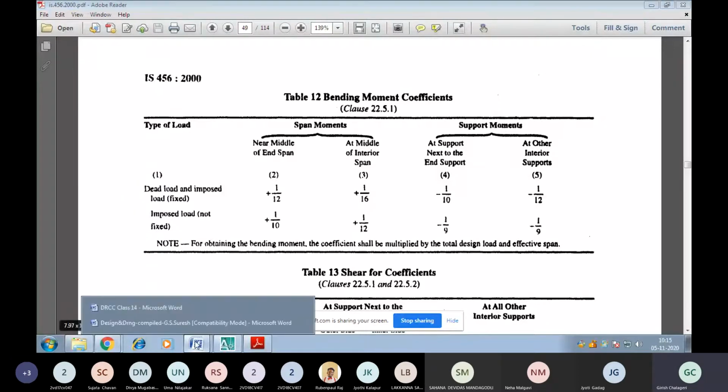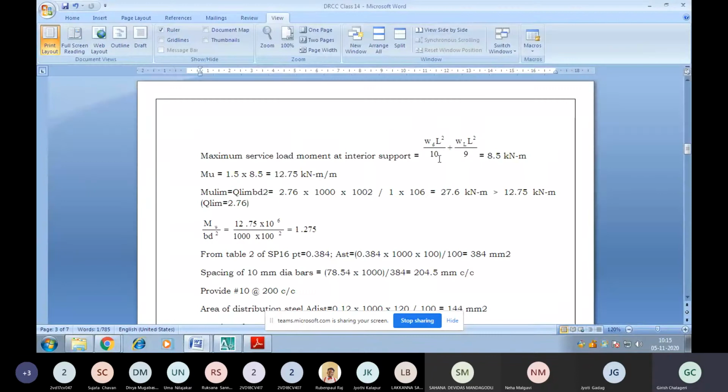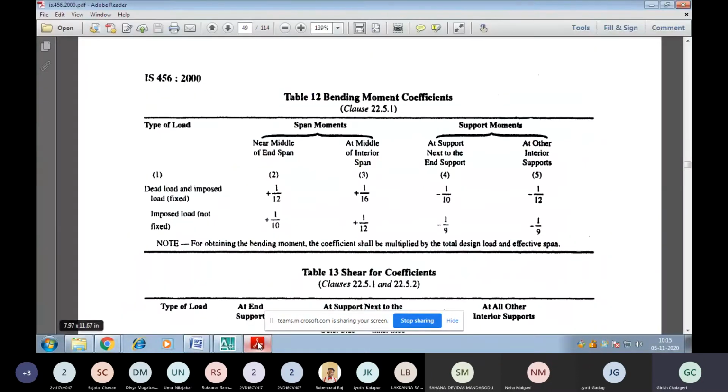In the table, for dead load we take 1 by 10 and for imposed load 1 by 9. That is at the support next to the end support: the support moment is 1 by 10 for dead load and 1 by 9 for imposed load.